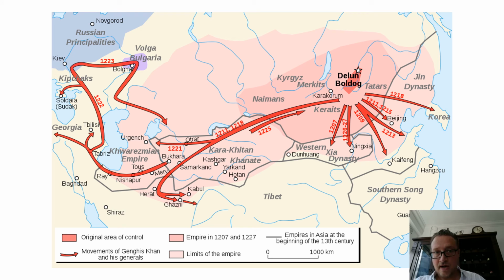The area of Moscow is hard hit, Kiev completely destroyed. They move as far as Hungary and Austria and then ultimately return in 1242 to elect a new Khan.